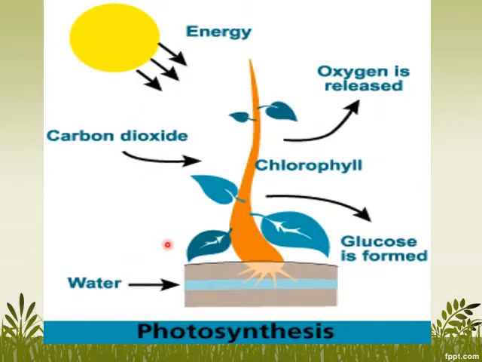As a result, oxygen is released into the environment, and glucose is also formed. The main important component for photosynthesis is the chlorophyll that is present in the green leaf. So all the process of photosynthesis is basically taking place here.